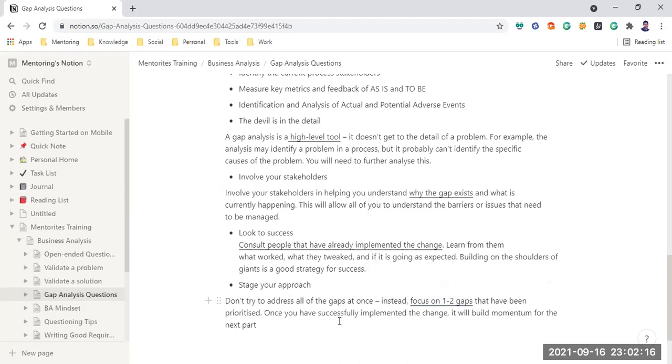I'll be sharing the set of questions with you. The next thing, which I think I forgot to mention, is that a lot of times we have these elicitation meetings, but we don't know how to end them. A good way to end these meetings is by asking two questions. A lot of times we ask questions and think we asked all the good questions.